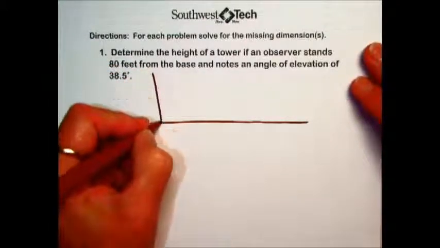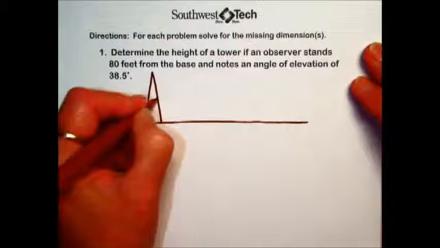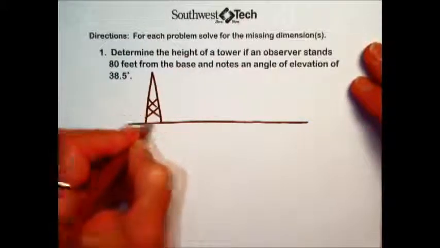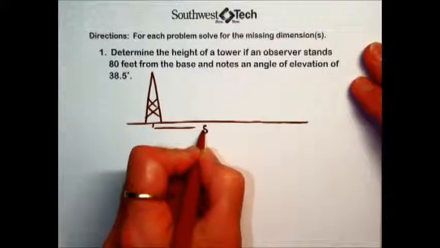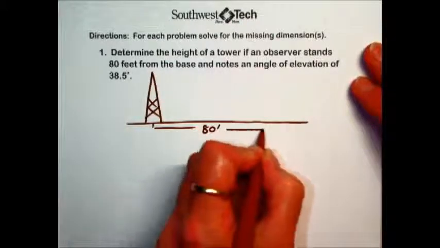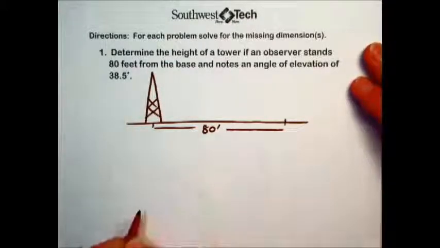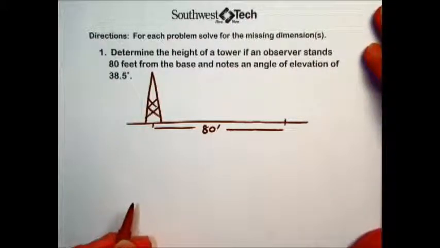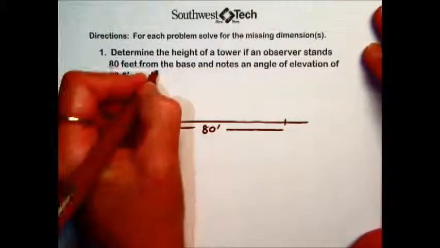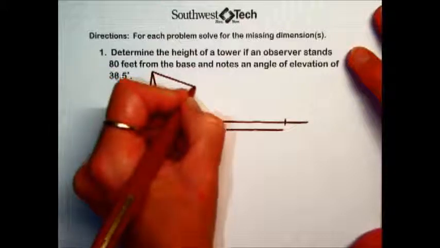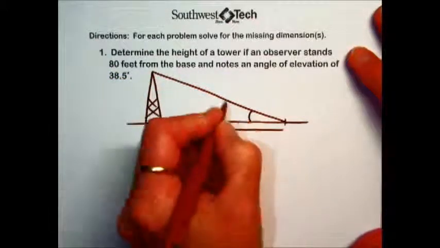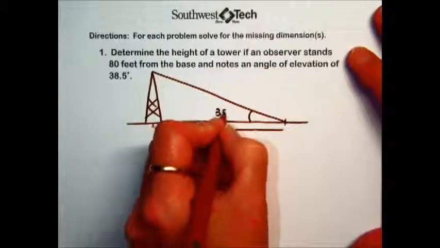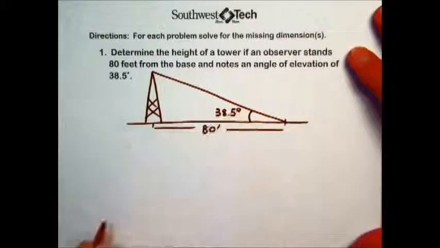We have a tower that we're trying to determine the height of. We have an observer that is 80 feet away from the base. Furthermore, they note an angle of elevation. That means when they look from the ground to the top of the tower, we have an angle of elevation equal to 38.5 degrees.